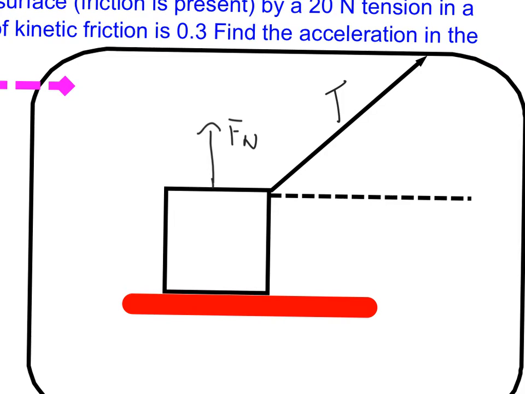We can draw our own diagram with those on it, but as far as a free body diagram for a test question or for the AP test, they don't want to see that. That's points off. We also have our weight, our mg, and again, because the string is pulling us to the right, we assume that our friction is to the left. So there's our free body diagram. It's not too much different than the ones we've seen before, so fear not.